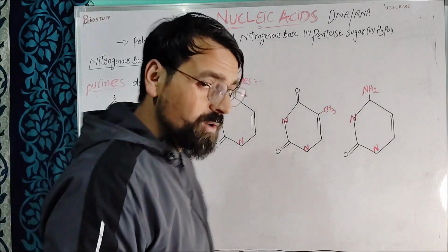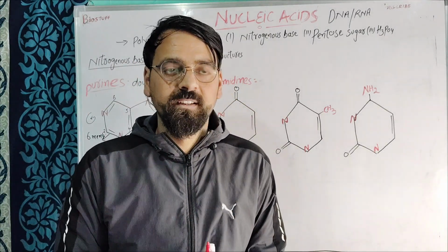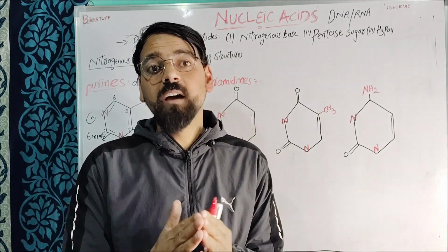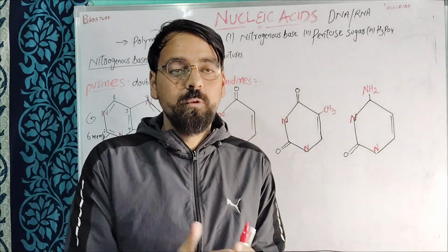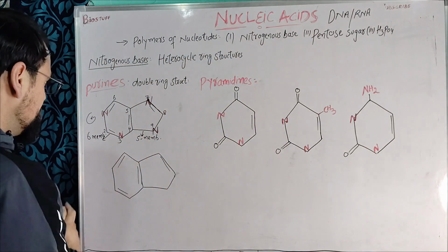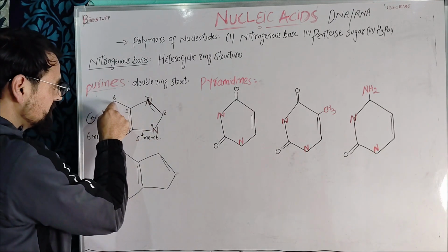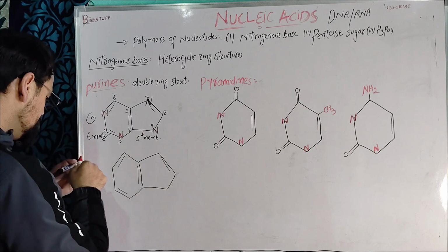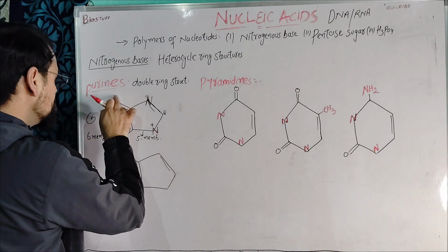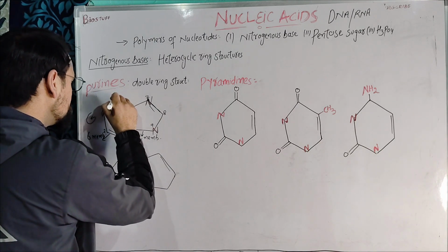Under purines, we generally study two components. One is adenine, one is guanine. So adenine and guanine are the most important purines, which we normally study in the literature. Now what is adenine?